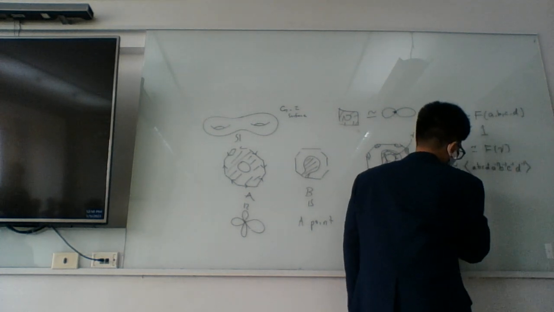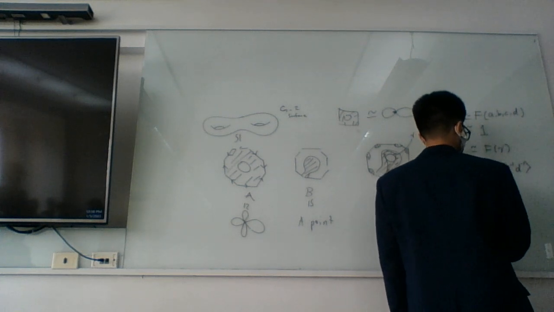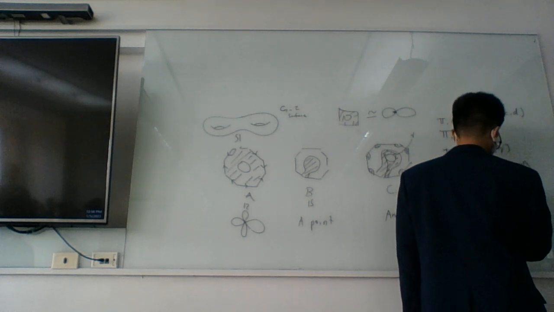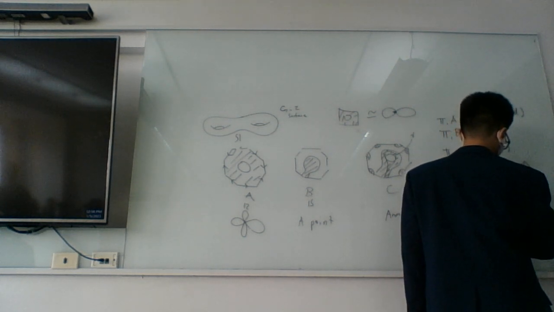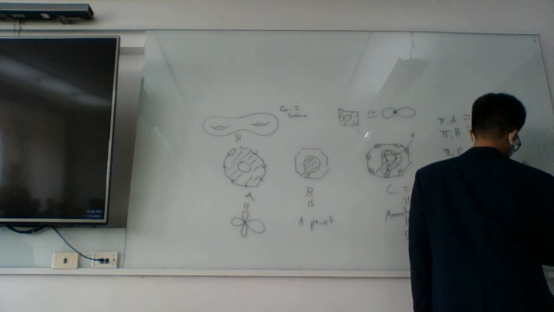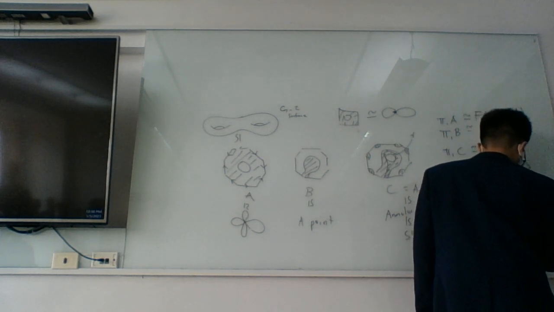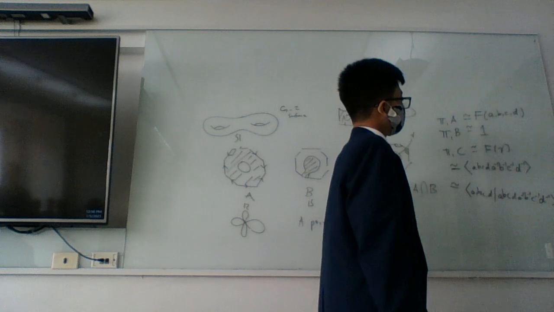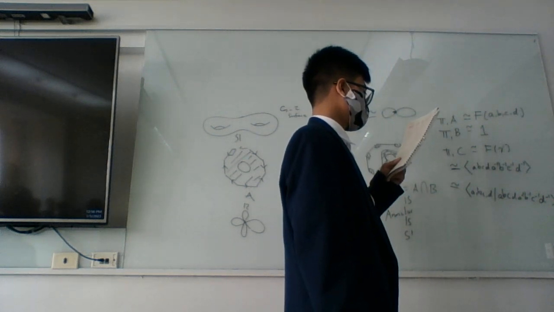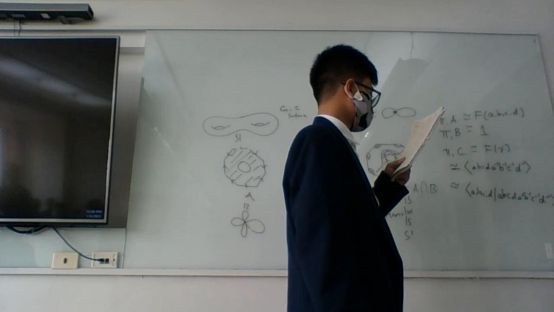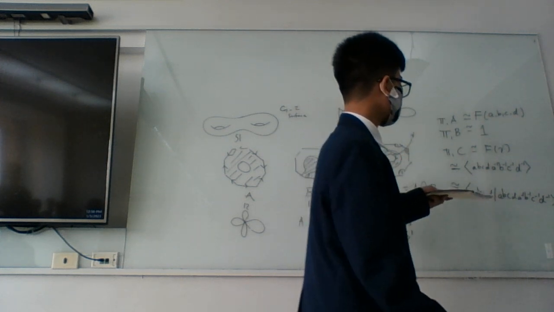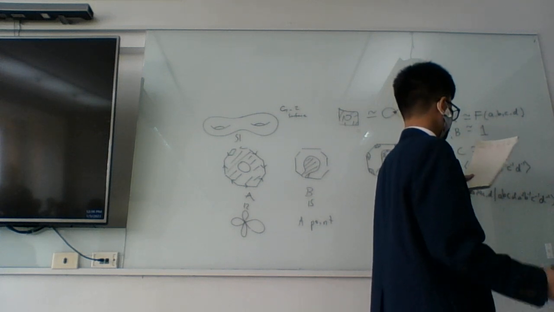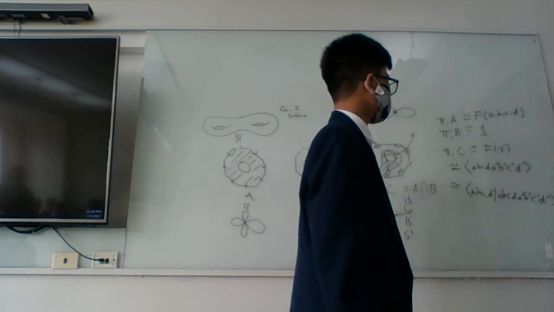Which is also isomorphic to the quadruplet A, B, C, D such that A, B, A to the minus 1, B to the minus 1, C, D, C to the minus 1, D to the minus 1 equals 1. Okay. Now we have all of this.